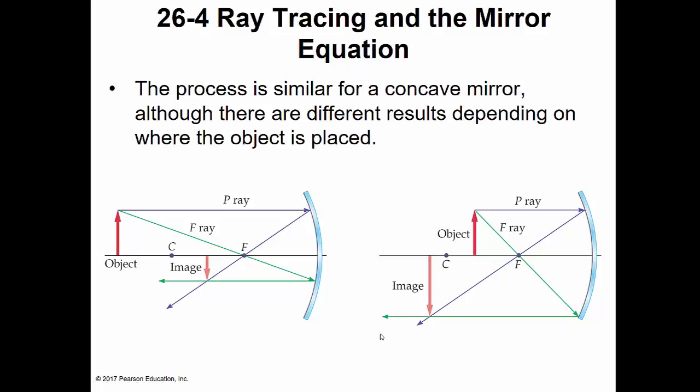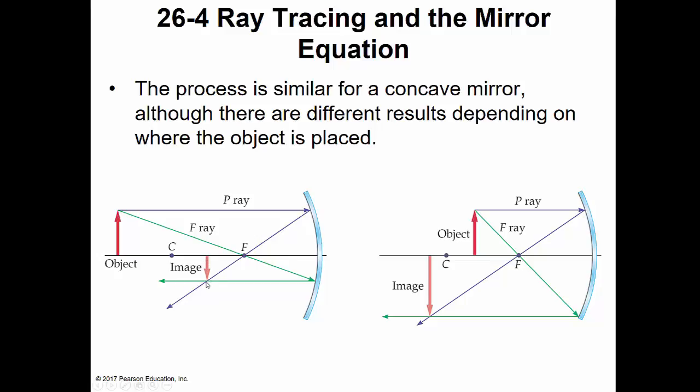Turns out a concave mirror can make either a real or a virtual image. If the object is very far away from the focal point, when you draw the P ray and it converges through the focal point, and you draw the F ray, it goes through the focal point and then bounces back, you see that they intersect below the principal axis.